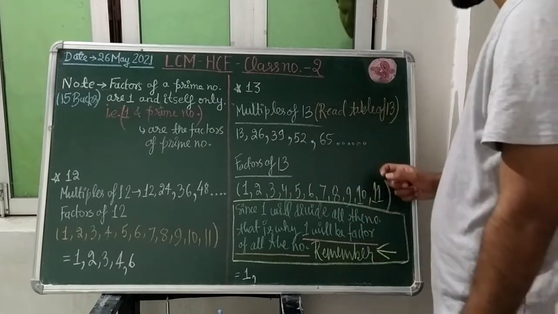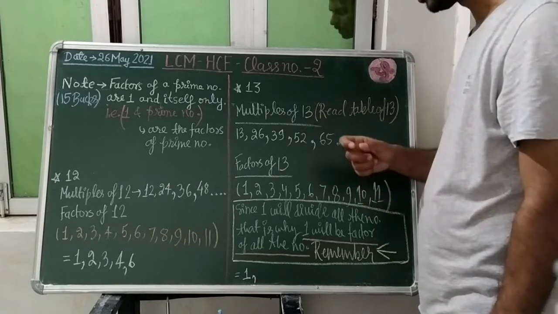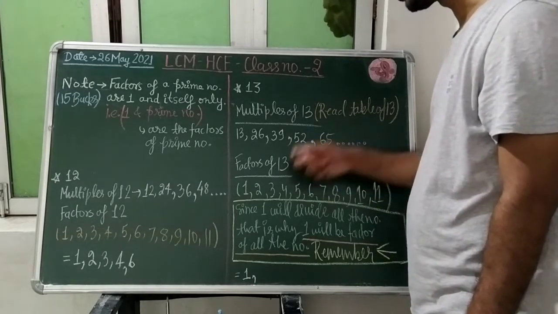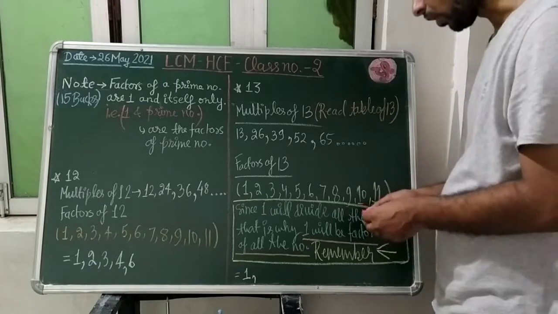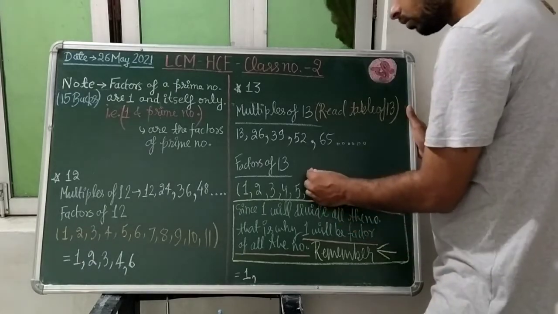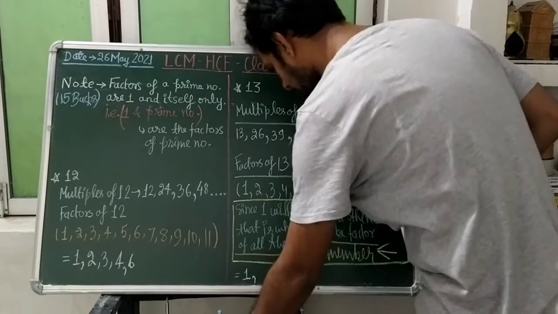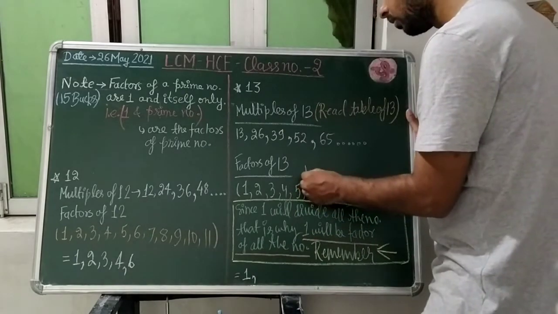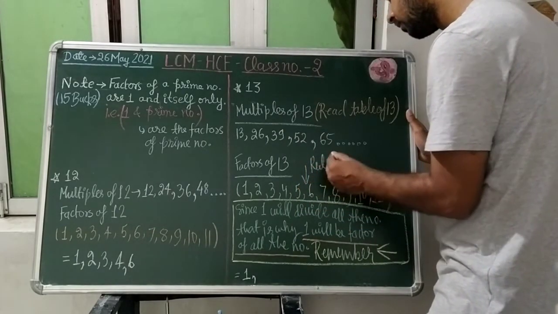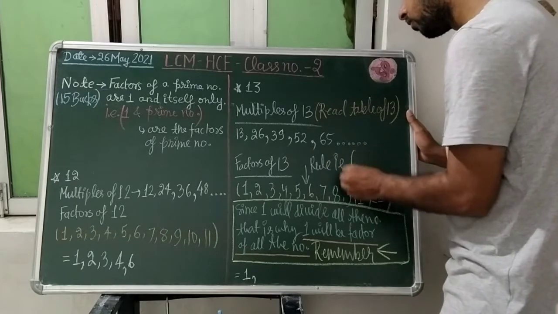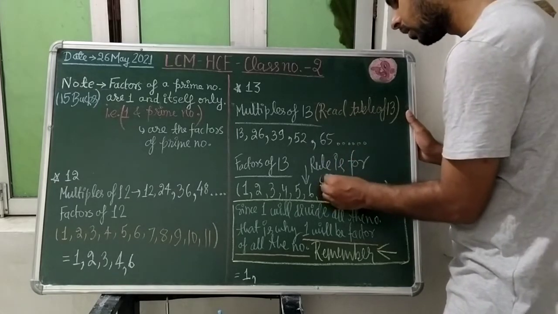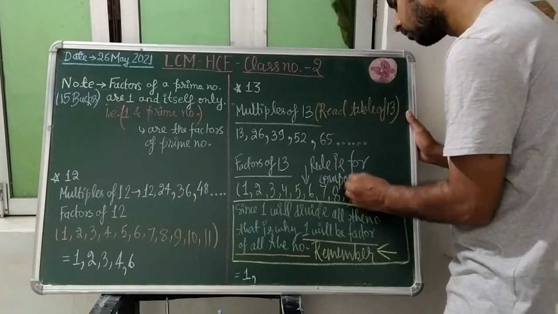So why is this not going to be used here? Because this rule, now please notice this, this rule is for composite numbers.